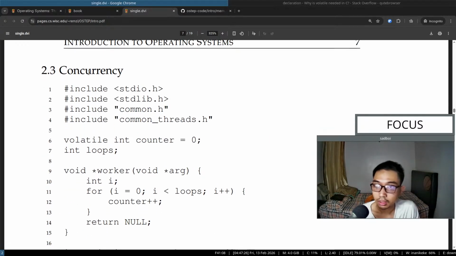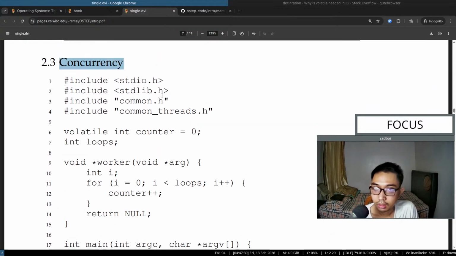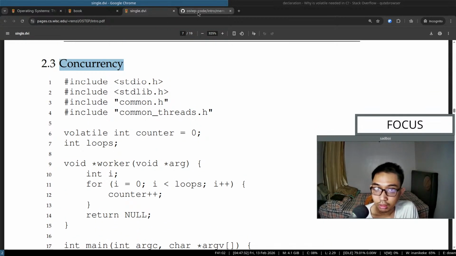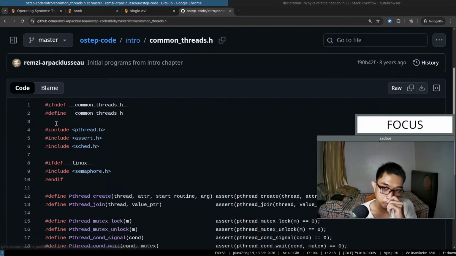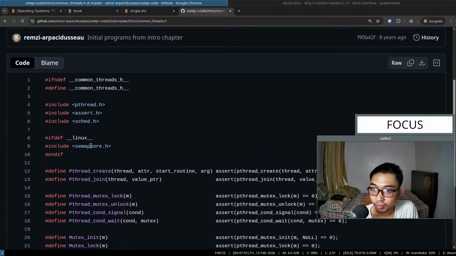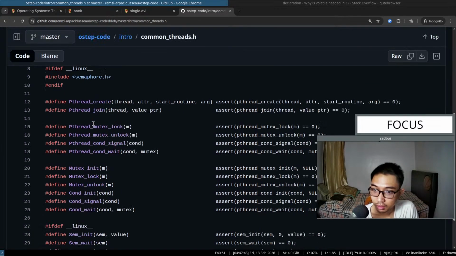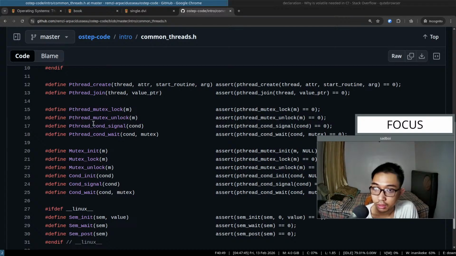Okay, now let's take a look at concurrency. Common threads header. Okay.